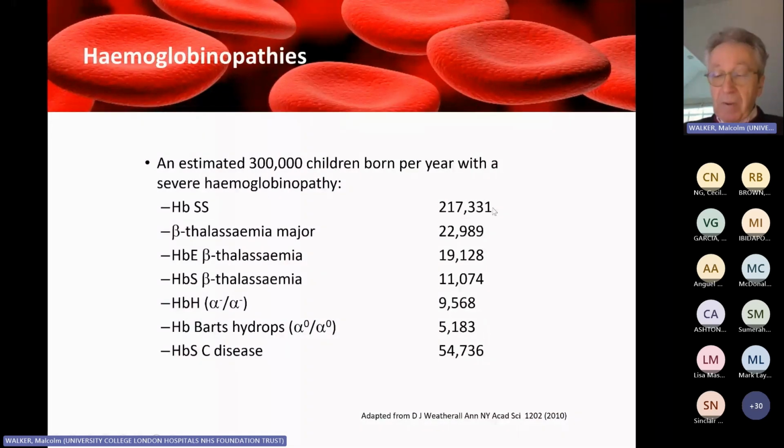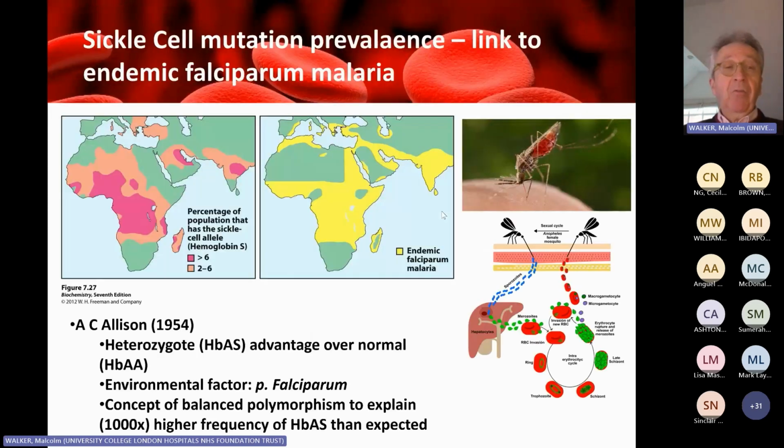And that's what we're going to talk about this afternoon, although I cut my teeth primarily on the thalassemias. Clinically and numerically, the sickle cell conditions are numerous and pose enormous problems, which I think you will appreciate as I go through this.